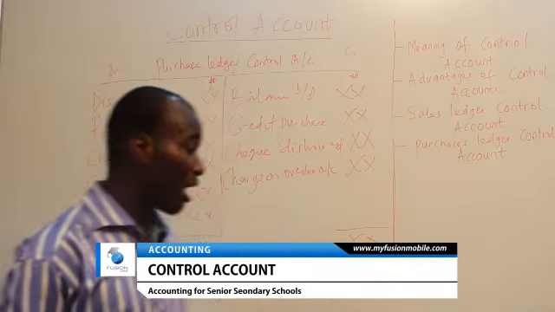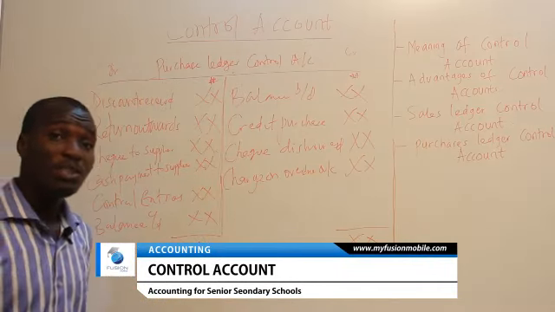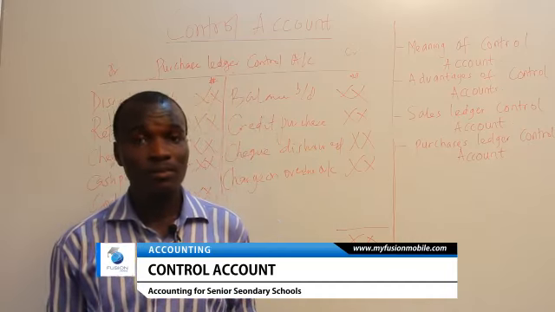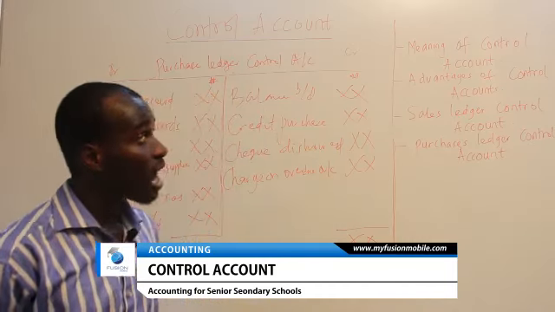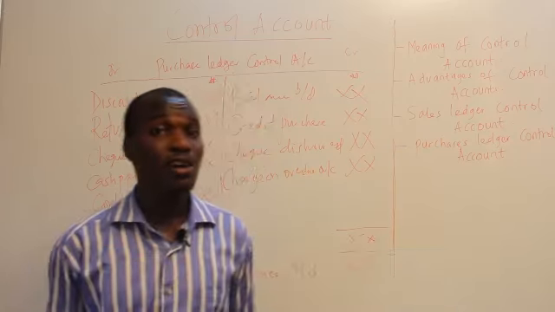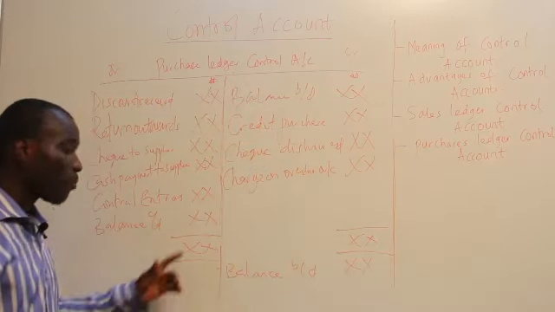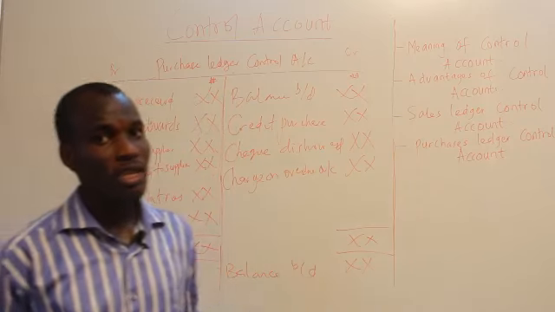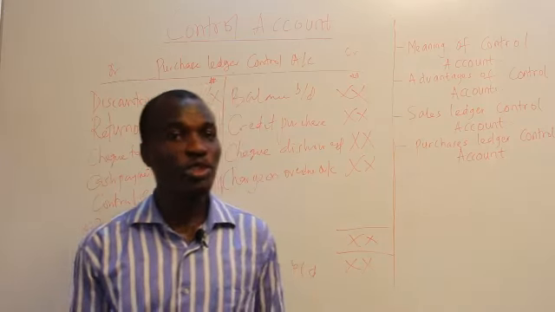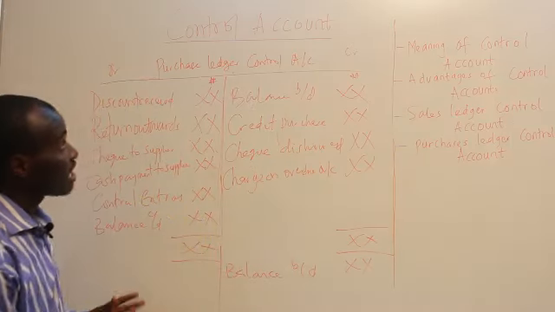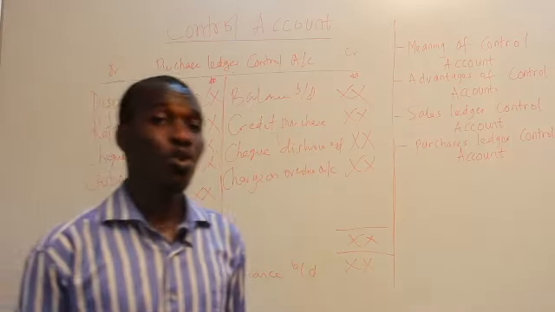If all of the individual accounts of the creditors are added together in the personal account of each creditor, that balance must amount to date. If it is not equal to date, that serves as an indication of error within the period. So the error can easily be located to this particular set of ledger, which is the purchase ledger control account.